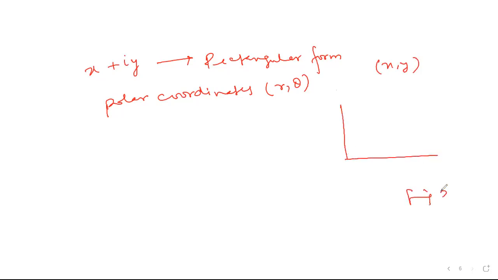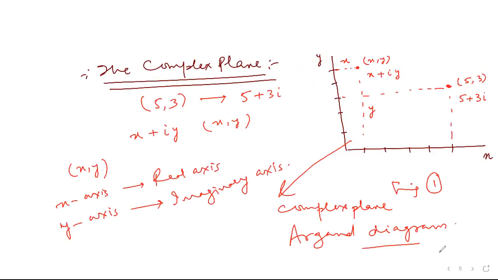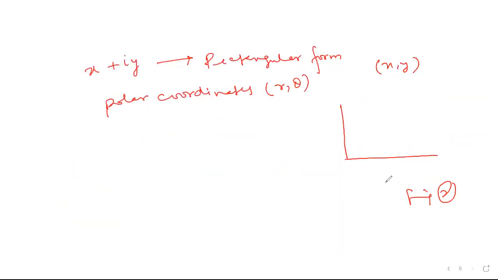As shown in this figure, I name it figure 2. This was my figure 1. So this is the x-axis, this is the y-axis, and this is some point P with rectangular coordinates x comma y.